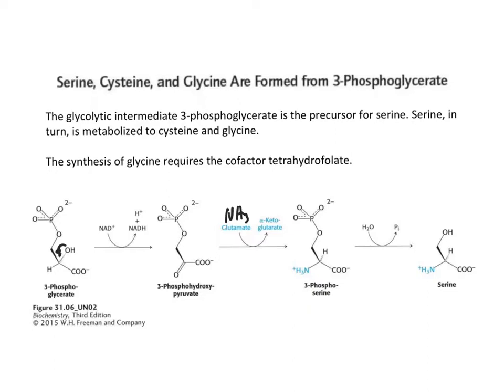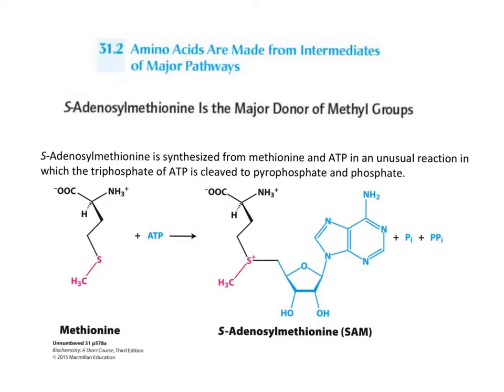Okay, with our serine, you can either make glycine or make cysteine. To make cysteine, we're going to need another amino acid. So we're going to need methionine. Methionine is our sulfur source for cysteine, but it has this CH3 on it, and this is going to be difficult to remove just by itself.